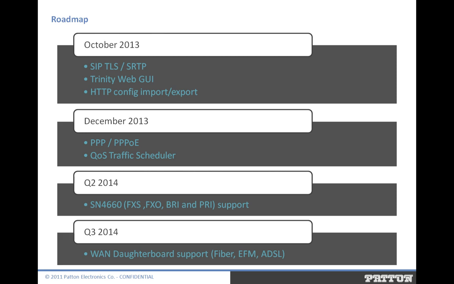Good. Then moving on to the roadmap. So right now we have the August release out, the 3.3.1 Trinity release, coming next in October. So it's going to be beginning of October this year. We are having SIP TLS and SRTP support on the Trinity platform, on the Trinity software. This is something we see as a big request, as a feature which is more and more requested out in the field.